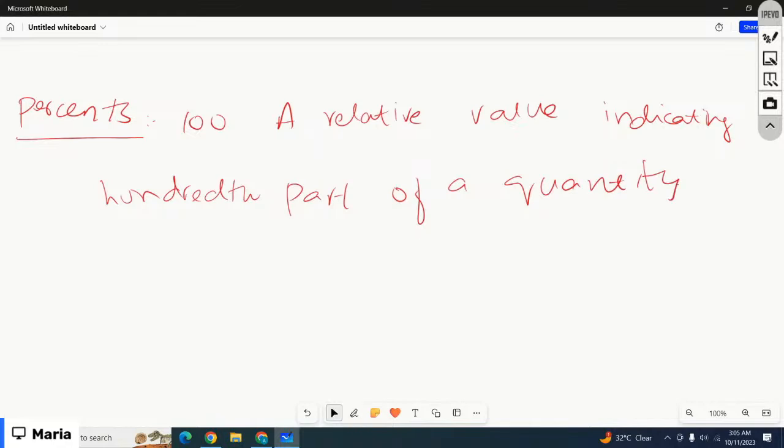That is the definition of the percentage. That is a relative quantity value that indicates 100th part of a quantity, right?